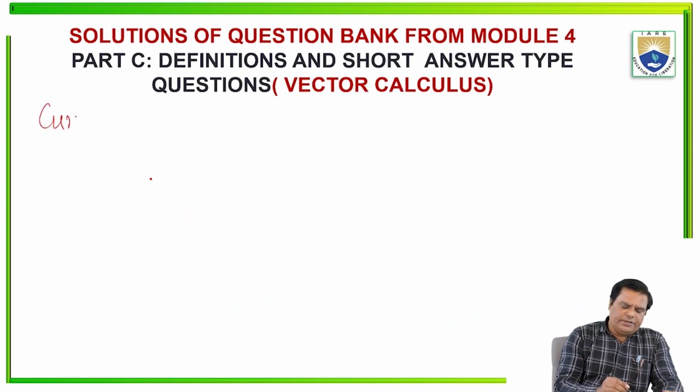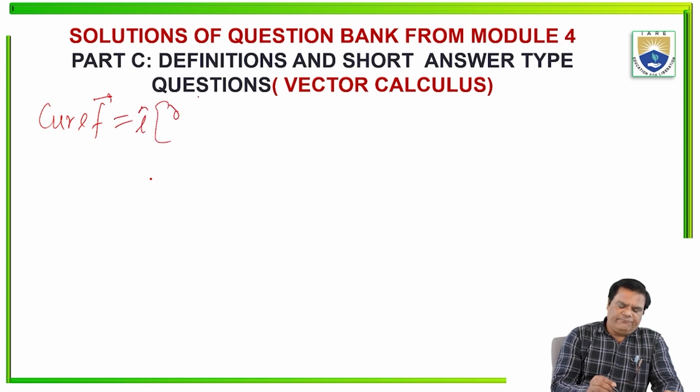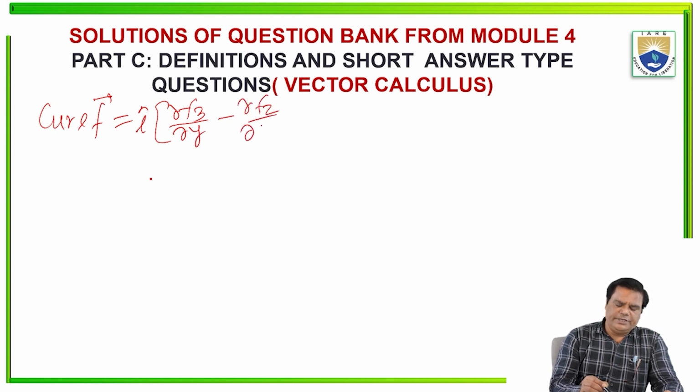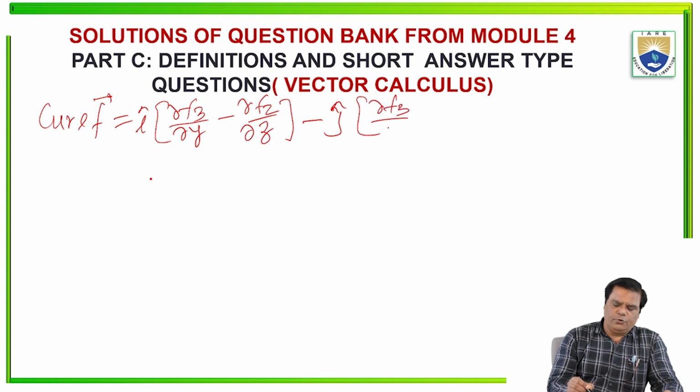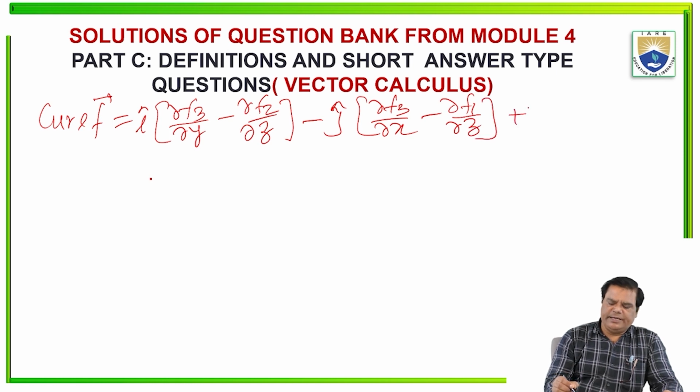Here curl f is equal to i cap (∂f3/∂y minus ∂f2/∂z), minus j (∂f3/∂x minus ∂f1/∂z), plus k (∂f2/∂x minus ∂f1/∂y).